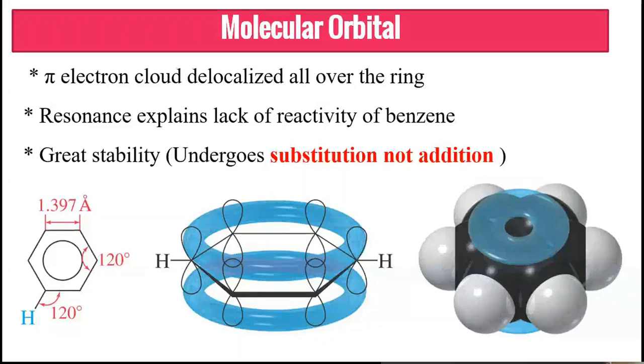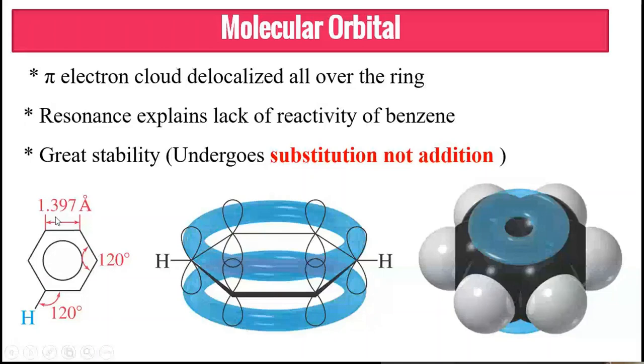Earlier we had discussed the day before that since the bonds are not pure double bonds or pure single bonds, they are in a constant resonating form, and you have a value of 1.39. This value is somewhere between the value of a pure double bond, which is around 1.34 angstroms, and a pure single bond, which is around 1.53 angstroms.